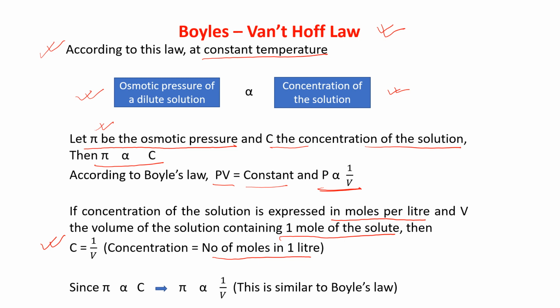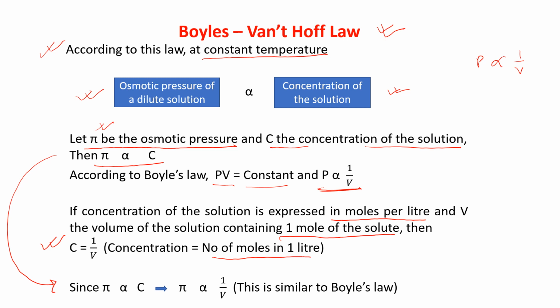So this equation, pi is proportional to C, that is the Boyle's-Van't Hoff law, can also be written as pi is inversely proportional to 1 by V. Boyle's law is saying P is proportional to 1 by V, that is, the gas pressure is inversely proportional to volume.